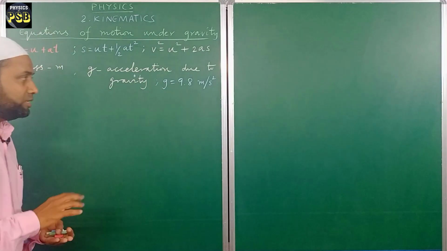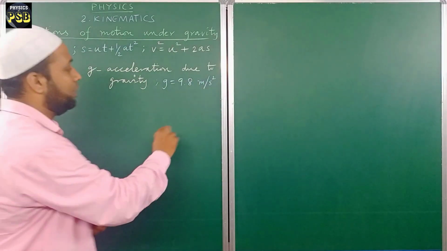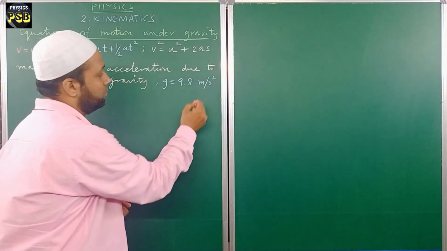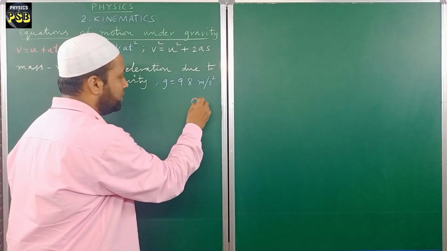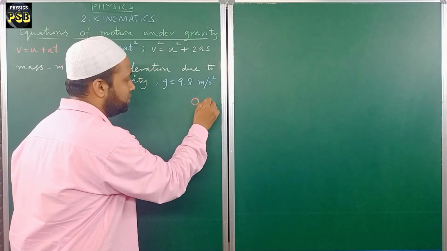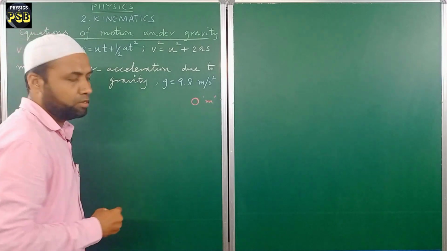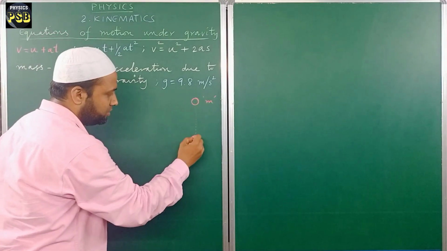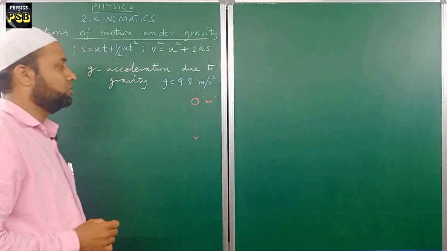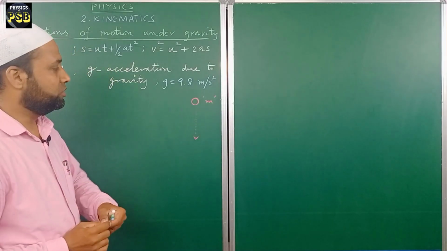Now let's go ahead. Here I have an object. Let us consider this one as an object whose mass is represented by the letter m. First it is thrown from a certain height.